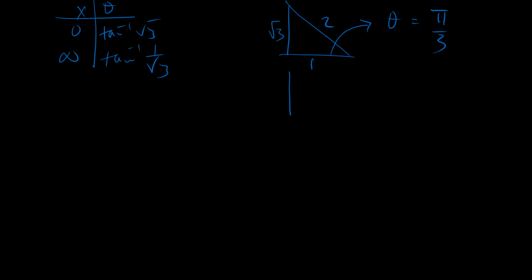And then when you have a scenario like we have 1, we have root 3, and then here we still have 2, so this angle here, theta, is equal to pi over 6.